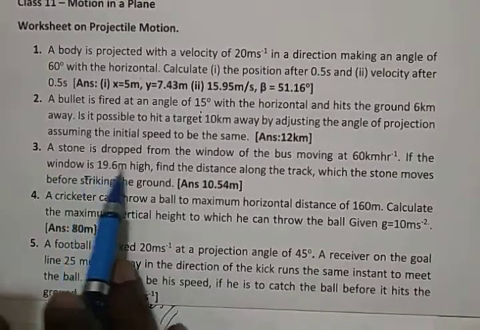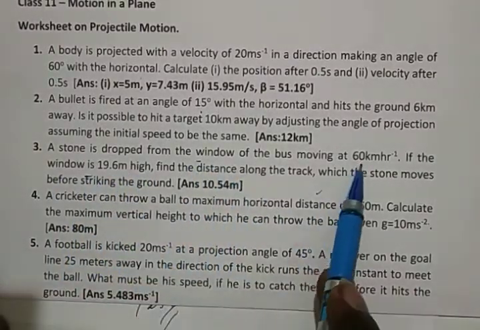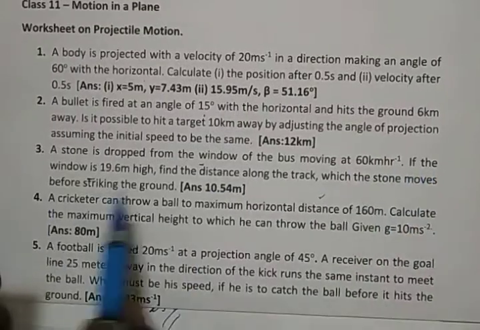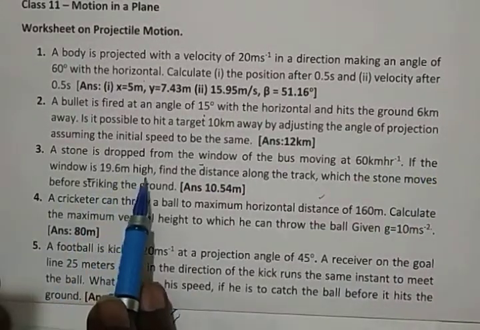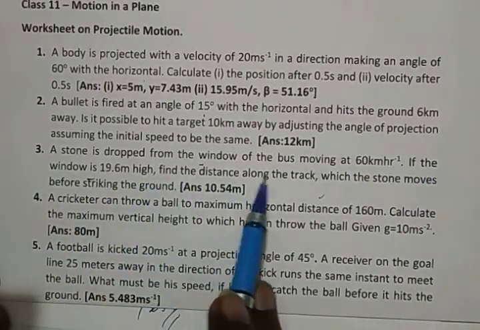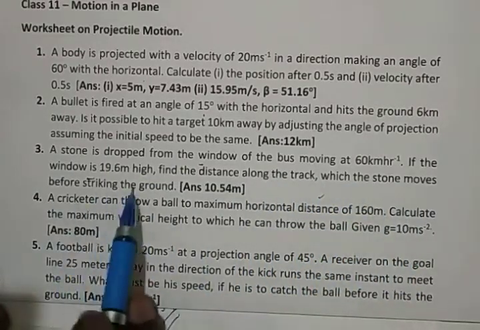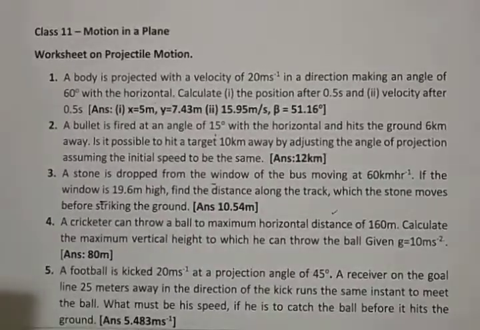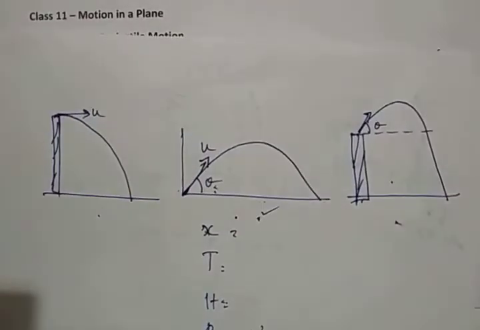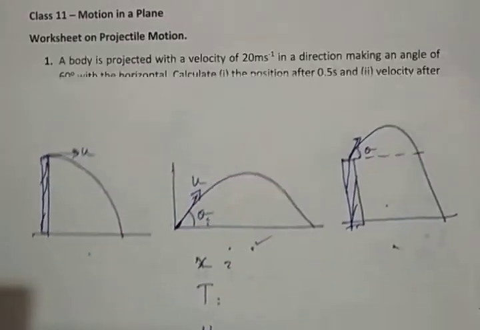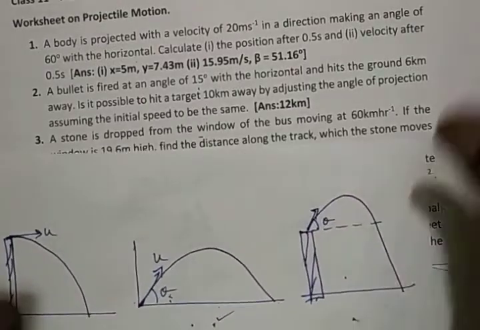A stone is dropped from a window of a bus moving at 60 kilometers per hour. If the window is 19.6 meter high, find the distance along the track which the stone moves before striking the ground. So this question is a question where we need to try to find out which diagram applies. Let us go to the question again.